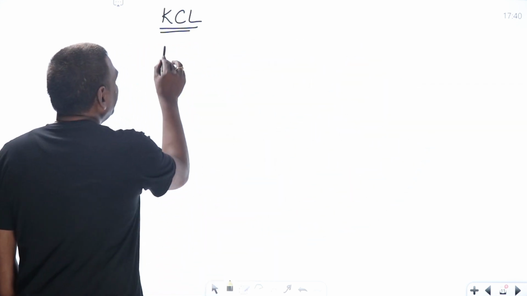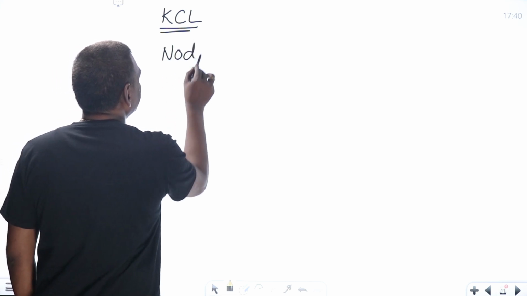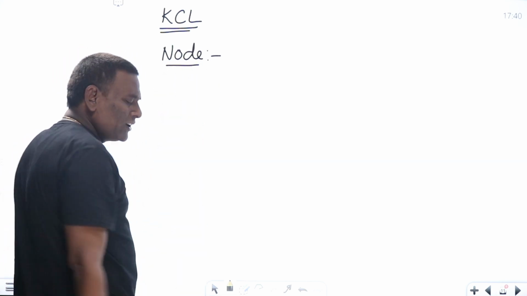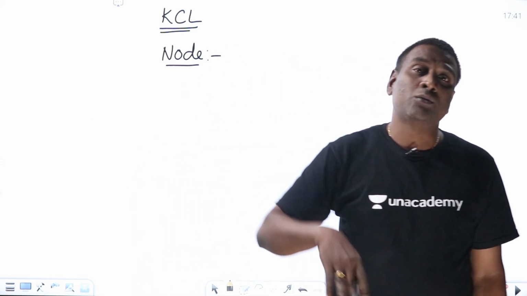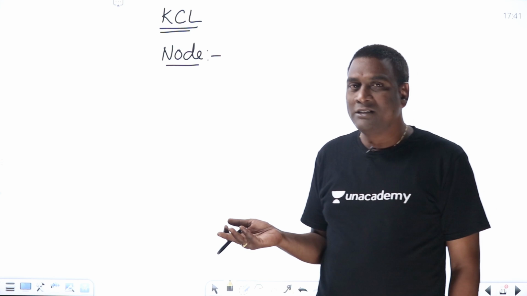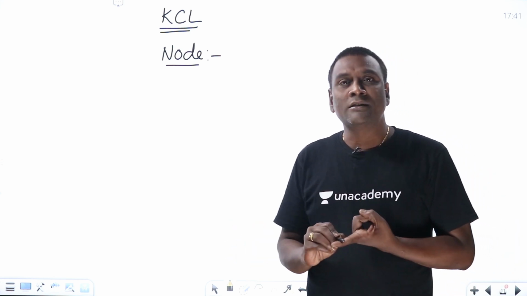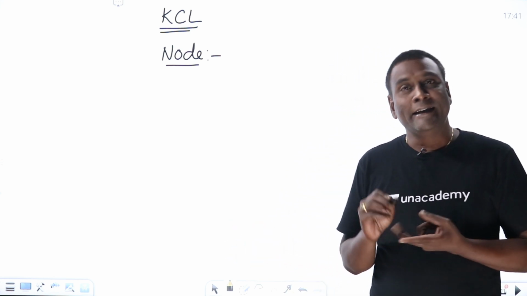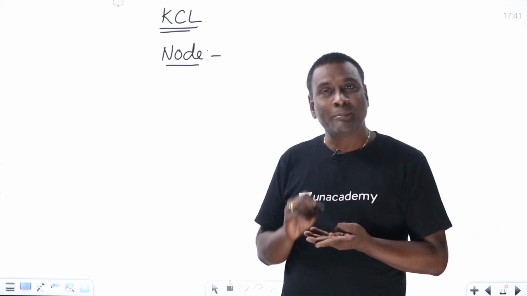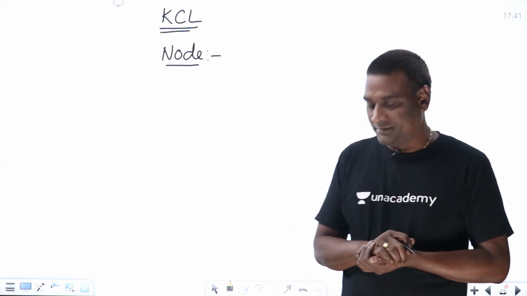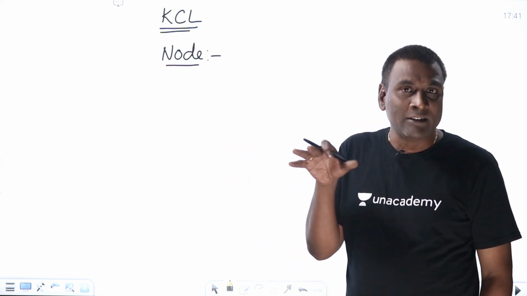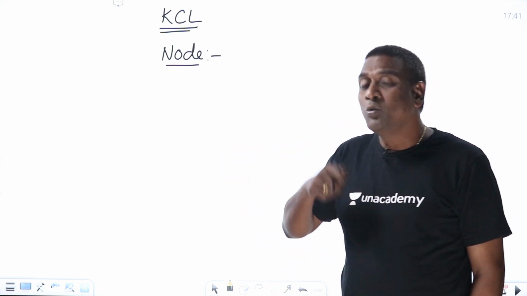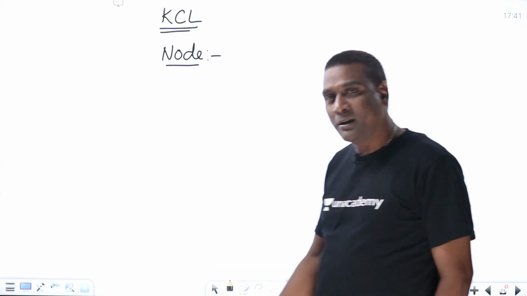Now, see here. Let me define a node first. Okay, what is meant by node? Node does not have any properties of its own, because resistance has its own property. Inductance, mutual inductance, capacitance, they have their own properties. If a node had some property of its own, we would have included that in the basic elements, right.